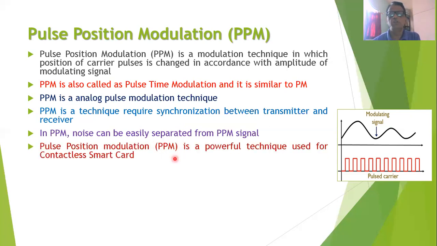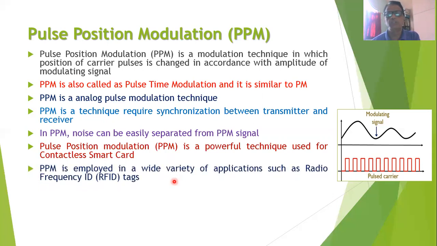Pulse position modulation is a very powerful technique, and it is used for the contactless smart card. So the smart card technology, where no contact is required, can make use of pulse position modulation.